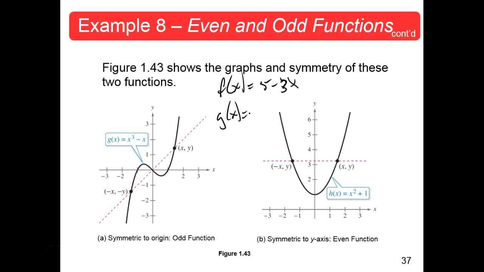The B one here, g of x is equal. Now this only works for polynomial functions. Don't try it on others. You have to do the test on others. But here's one, x to the 4th minus x squared minus 1. What's that going to be? Even.